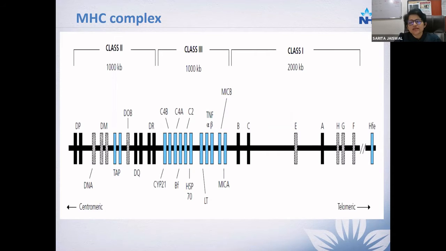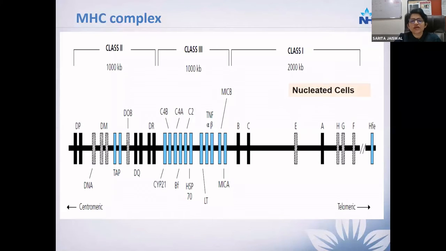This MHC complex is divided into 3 types: class 1, 2, and 3. The class 1 resides towards the telomeric end, and class 2 towards the centromeric end. In between these two is class 3, which is primarily associated with inflammatory responses.